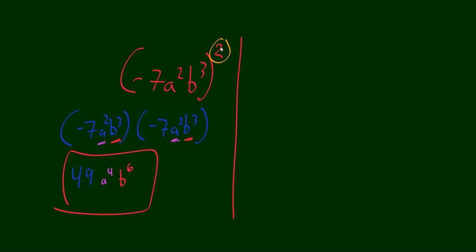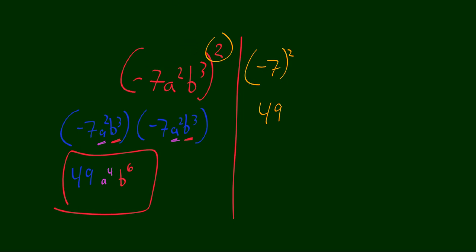Or we could think about it as taking this 2 and applying it to everything on the inside, which generally is a little bit faster, but that's okay. The 2 exponent applied to negative 7 is negative 7 squared, which is 49. Remember, negative 7 times negative 7 is positive 49.